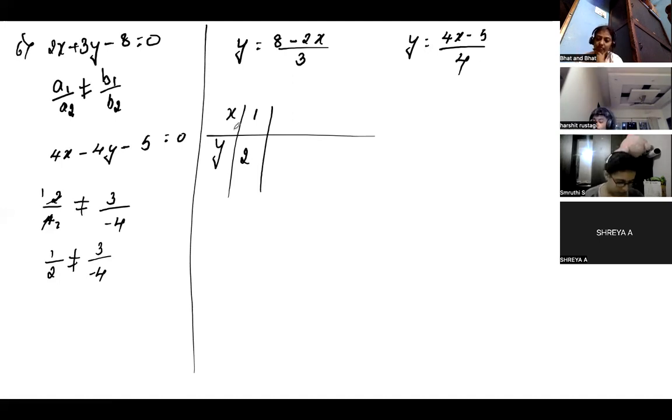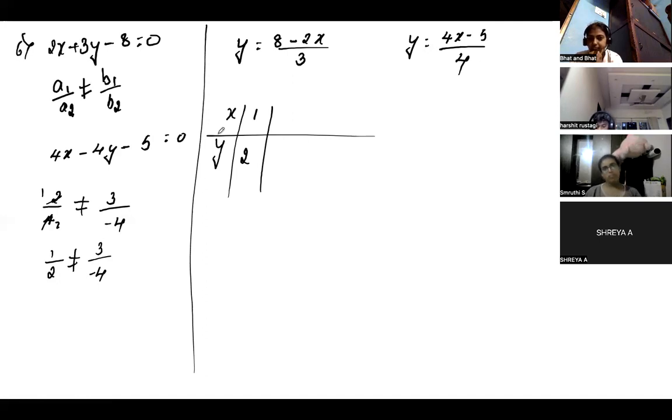Then the next number, what can we take? If I take x is equal to 2, 2 twos are 4, 8 minus 4 is 4 again. So 4 by 3 is not possible.